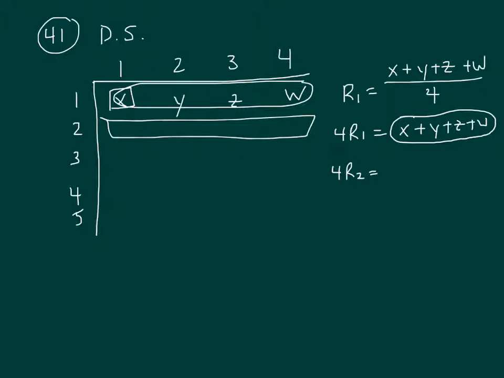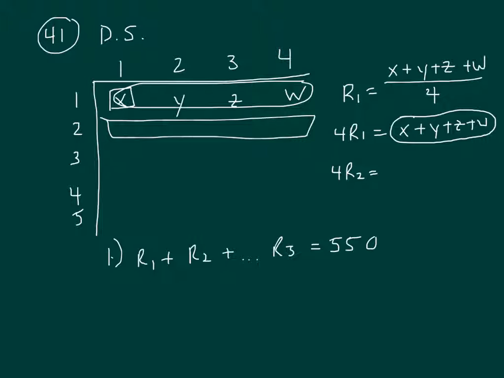and so forth. And in clue 1, it tells me that R sub 1 plus R sub 2, whatever, on down to R sub 5 is 550. So they're telling me that if you sum up all the averages, you get 550, okay?